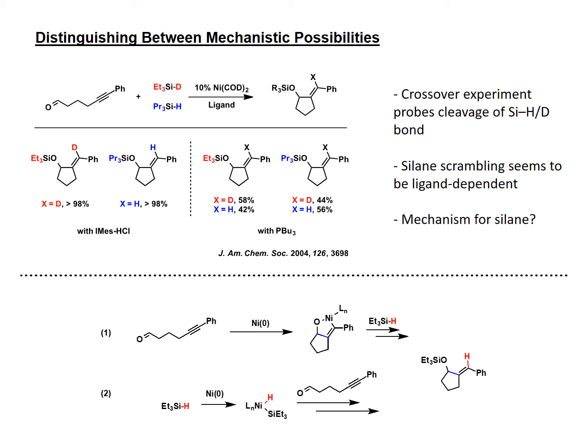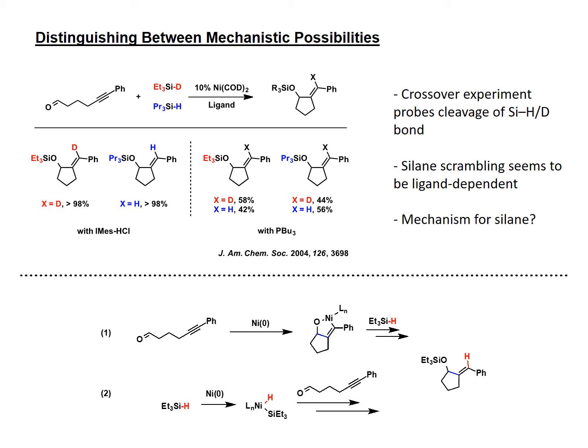What is the silane doing? How does it participate in the reaction? You can sort of, just with pen and paper, think of two extreme limiting scenarios for when the silane participates in the reaction. First, maybe it participates late, after you've already done your carbon-carbon bond forming step, and then you just reduce that oxymetallic cycle with the silyl hydride.